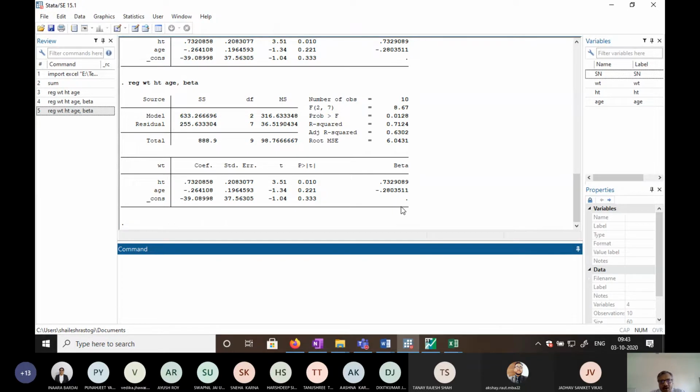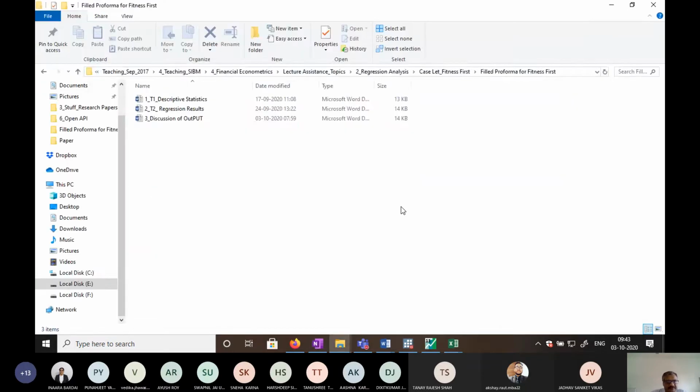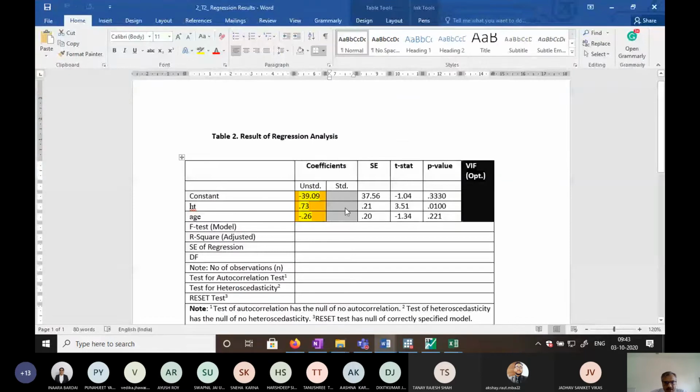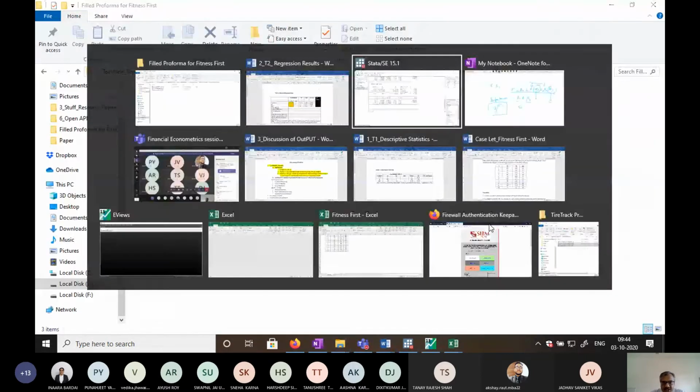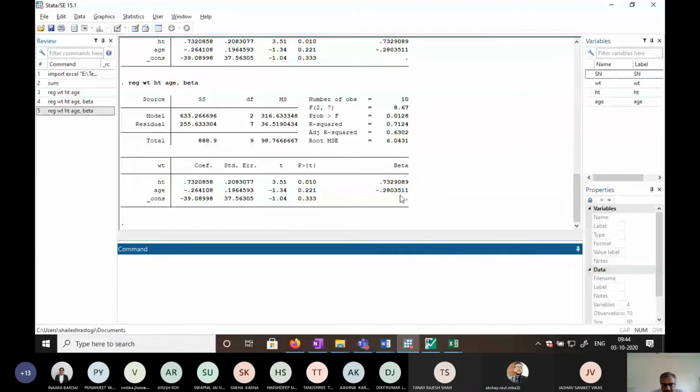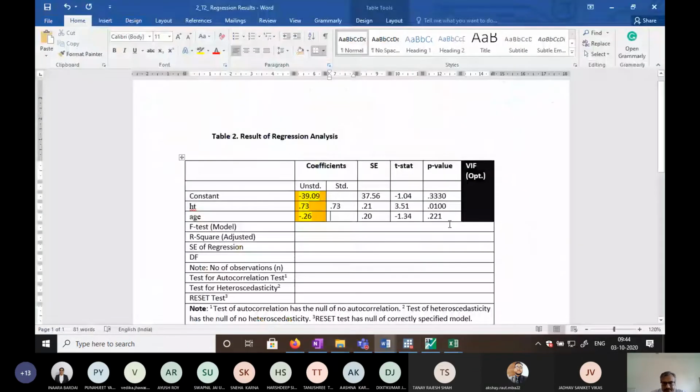We'll report 0.73 for height, and for age, the beta, the standardized coefficient, is minus 0.28. If you look at the absolute value, obviously, the significance discussion is on one side; this is another discussion, out of height and age.